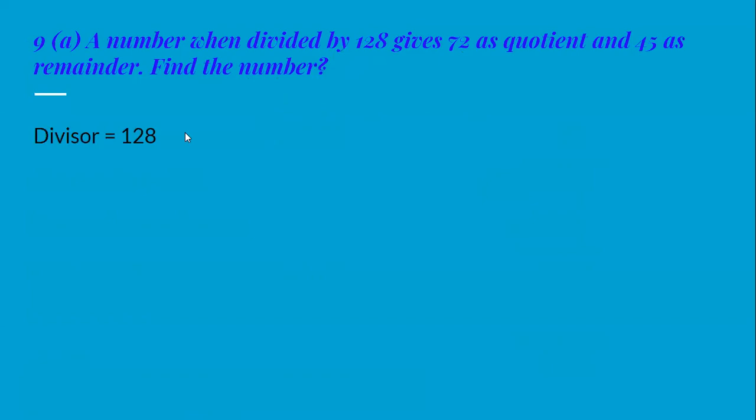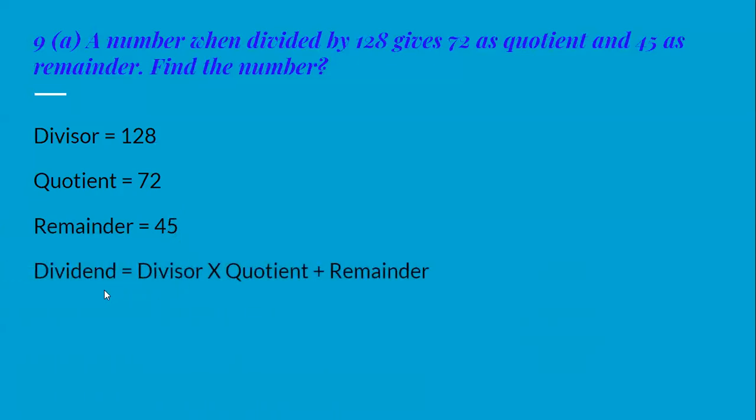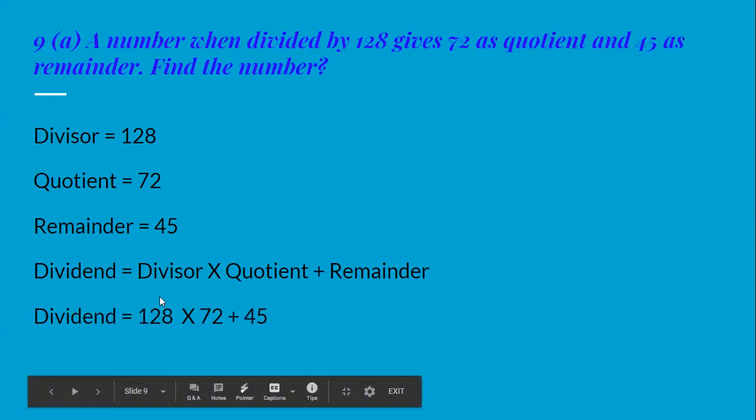First of all, I'll write what is given. Divisor is given, quotient is given, remainder is given. Now the formula is dividend equals divisor times quotient plus remainder. Now we put the values. Divisor is 128, quotient is 72, plus remainder 45. When we multiply these two numbers and add 45, we get the dividend.